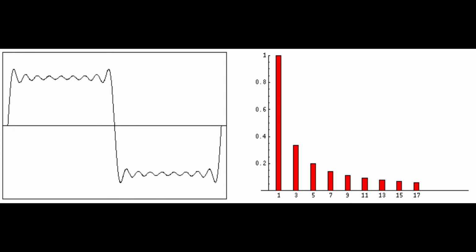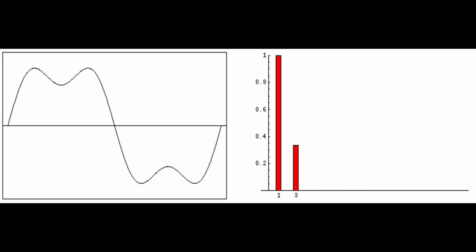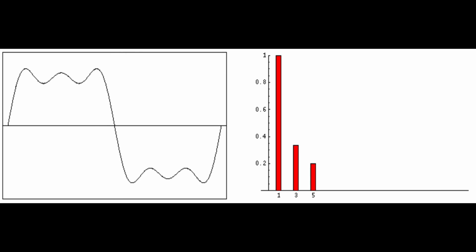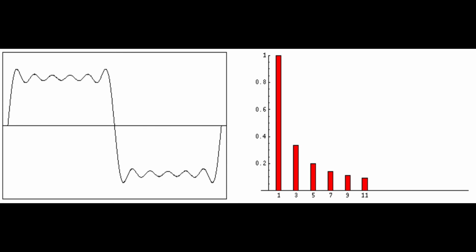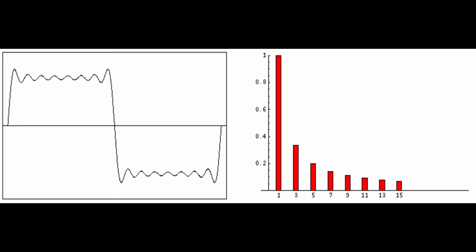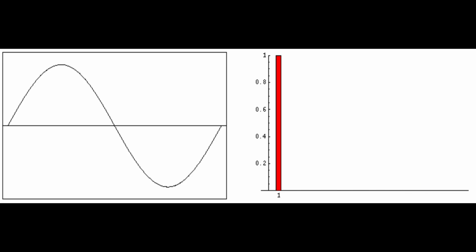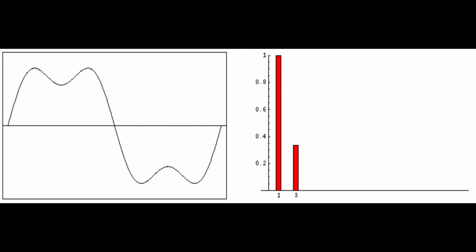Any variable can be used as long as it is in terms of time. On the other hand, the frequency domain representation with capital F of omega or capital S of omega is shown on the right part. F of omega is called the Fourier transform of f of t.